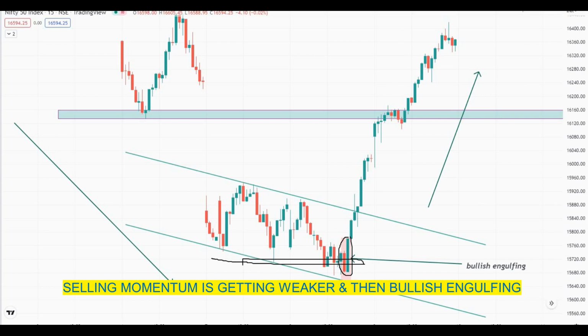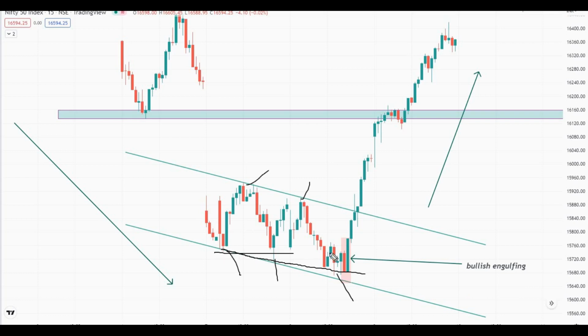See, you should combine everything in the markets. Each and every piece of data you get in the markets, you should try to use. See, prices were making lower highs and lower lows here, but the sellers are losing strength and momentum. Otherwise, if they were very strong, then after breaking the last swing low, prices should have gone down aggressively.